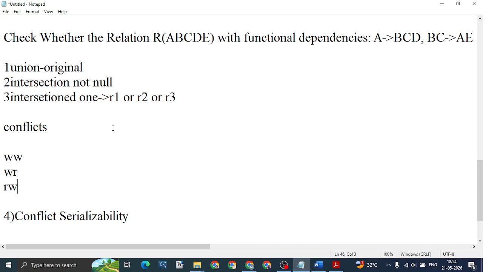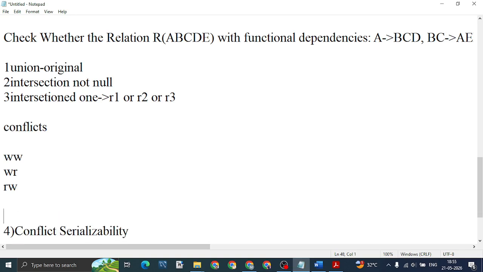If at least one of the operations is a write operation, then there must be a conflict. So you have to find the conflicts among the transactions. The most important thing is that the conflict arises between different transactions. Note it down, different. You should not look into the same transaction.